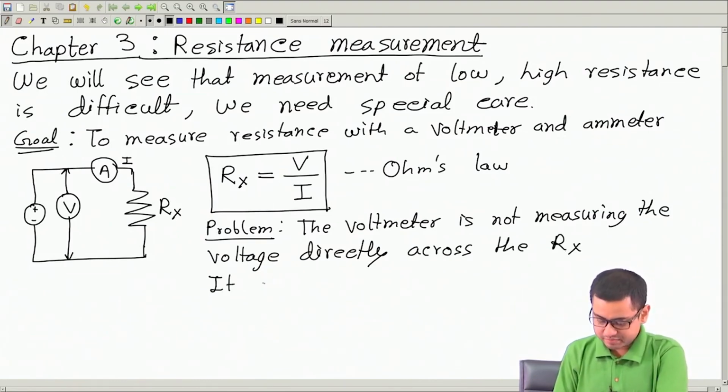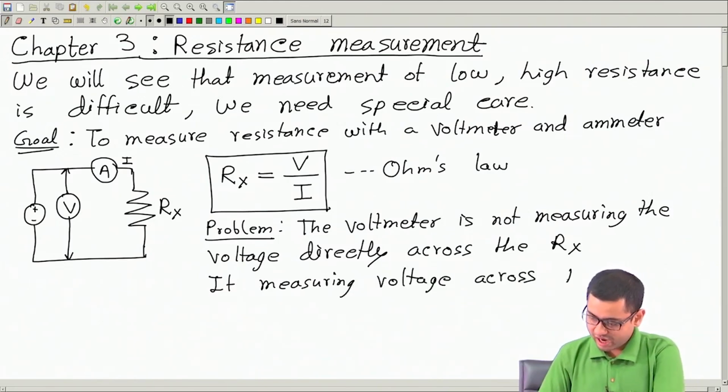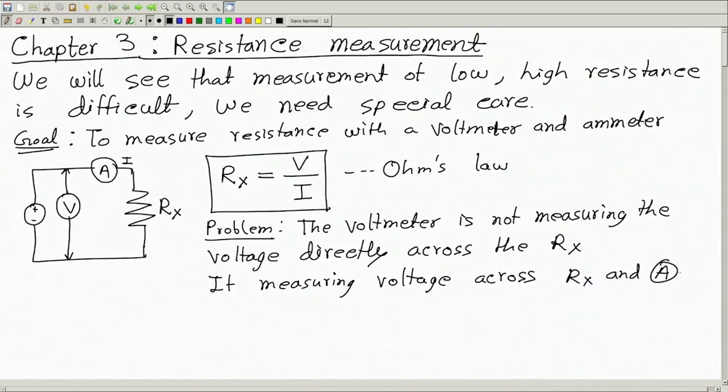It is measuring the voltage across Rx and the ammeter in series. So it is measuring the voltage across the series combination of these two. This voltage is not the voltage across this resistance.